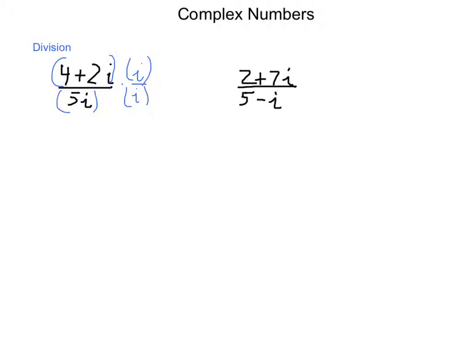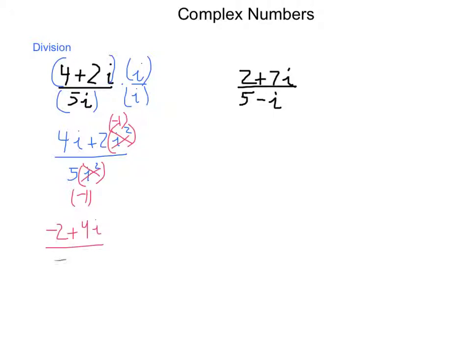And then I'm going to distribute this over different pieces. So I have 4i plus 2i squared divided by 5i squared. Now each of these i squareds can be replaced with a negative 1 multiplier, and I end up with a negative 2 plus 4i divided by a negative 5.